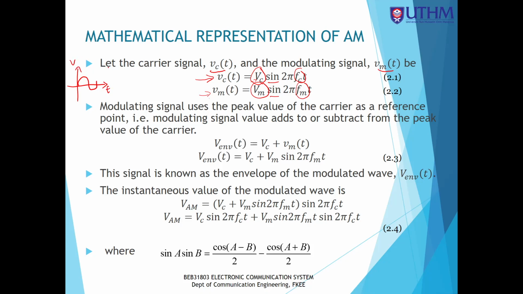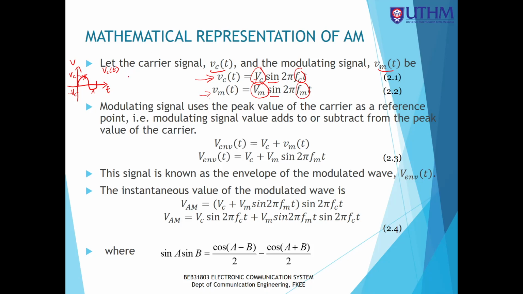And for example, this is VCT. So the peak amplitude here is VC, and the peak amplitude at the negative side is also VC, but negative VC.